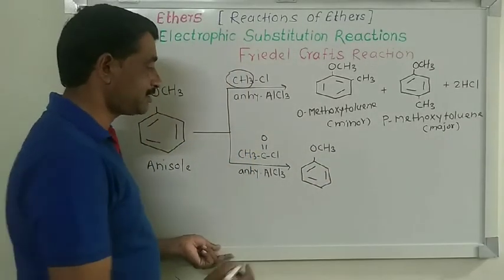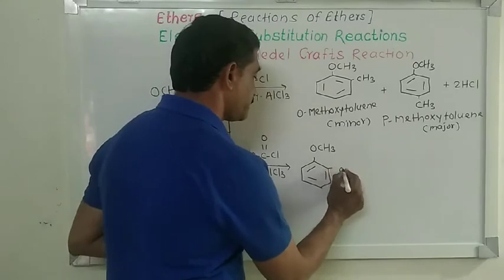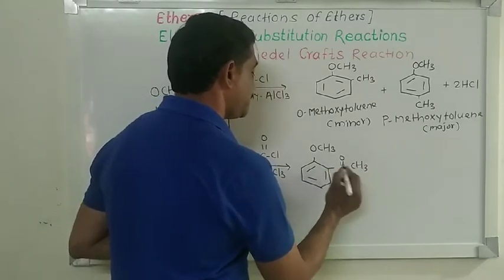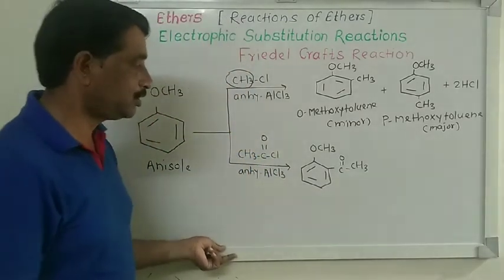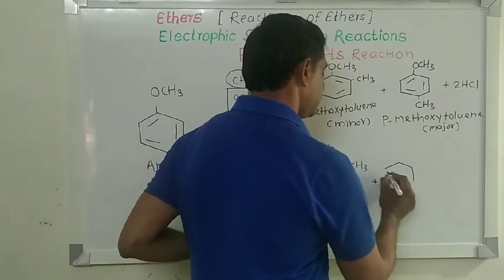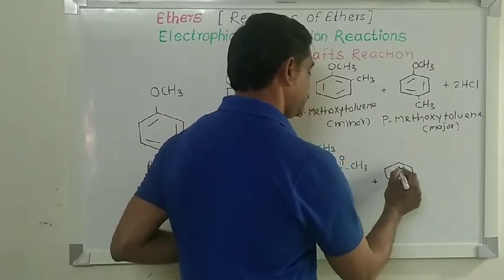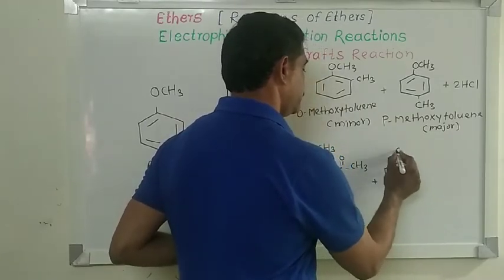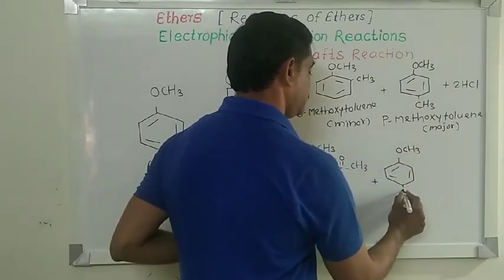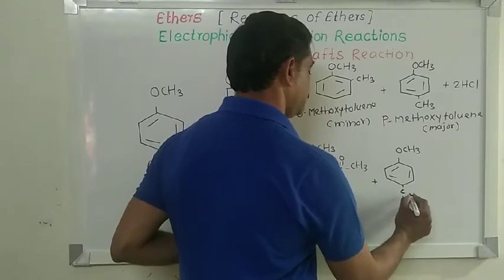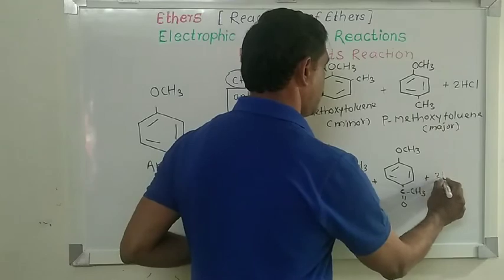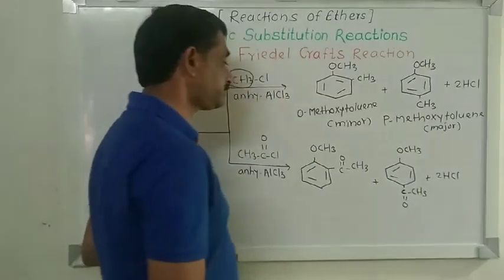The OCH3 group remains as is, and the acetyl group is added to the ortho position, plus the para position, plus 2 molecules of HCl.